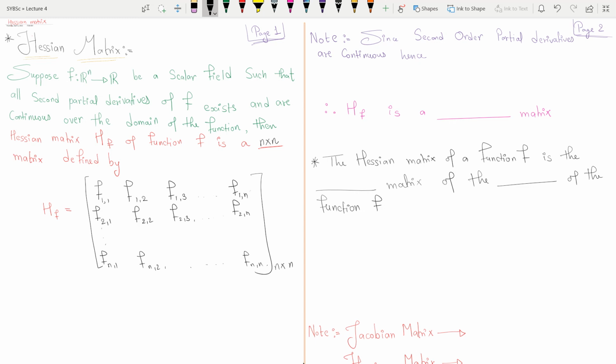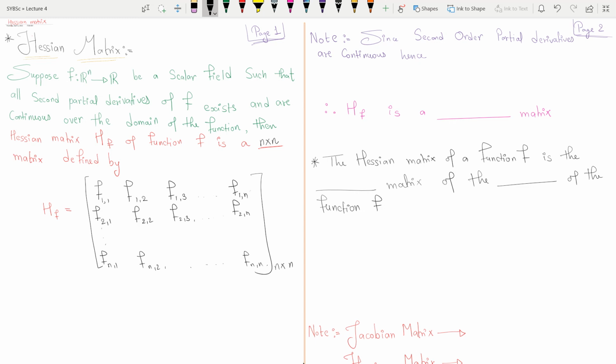Hence in the statement I wrote, my second order partial derivatives should exist, and there is one more extra condition. That extra condition is that the partial derivatives must be continuous. Now, while learning in unit number 2, we learned that if my second order partial derivatives are continuous, then the mixed partial derivatives are equal.